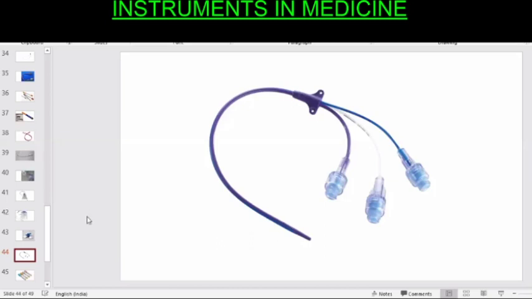So, how many days can we keep the central line? See, all the IV lines, preferably keep them to the minimum. You can keep the central line for 48 hours or 72 hours or a few days also.